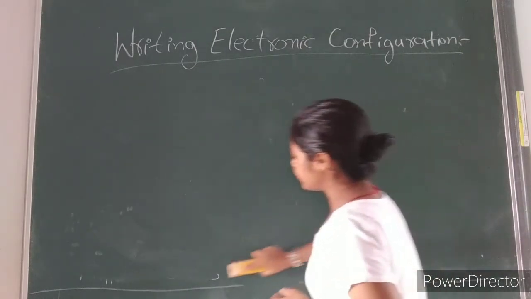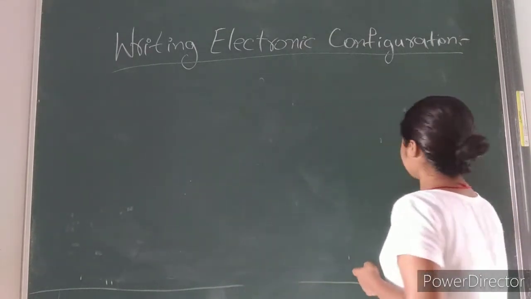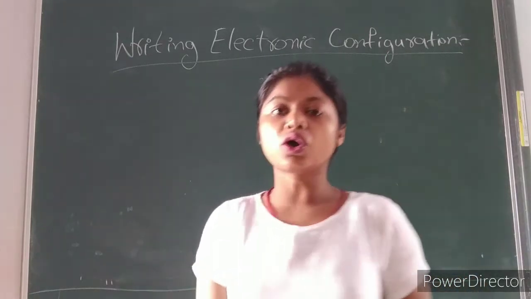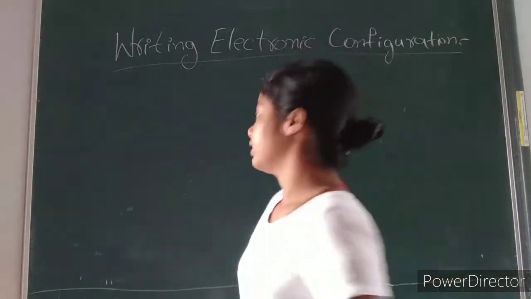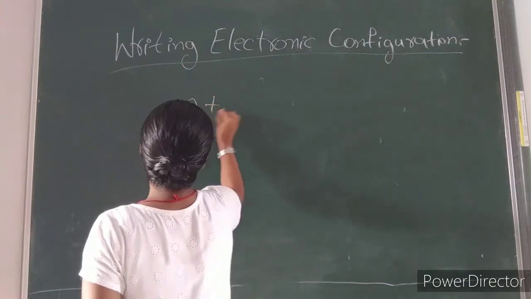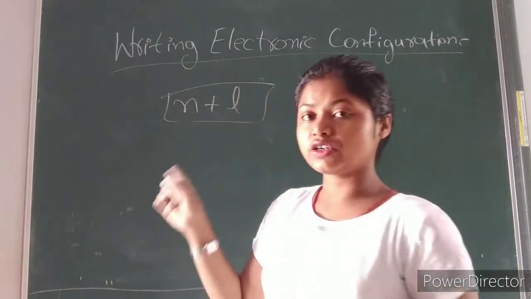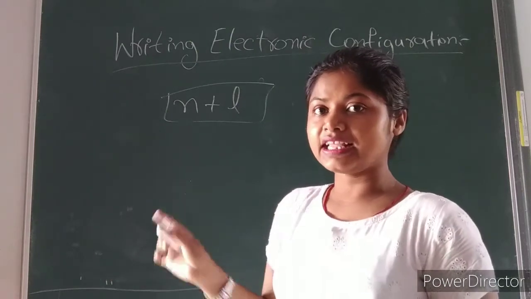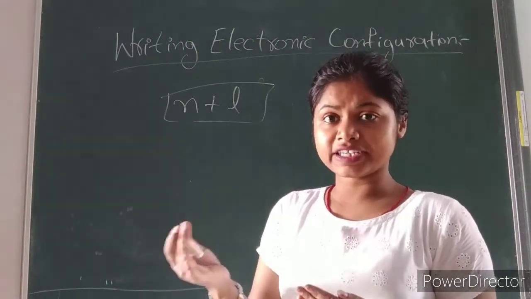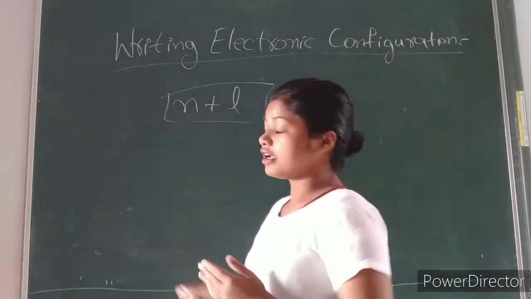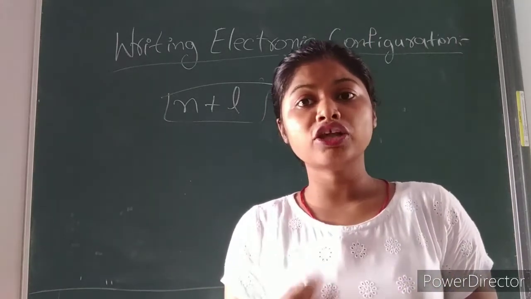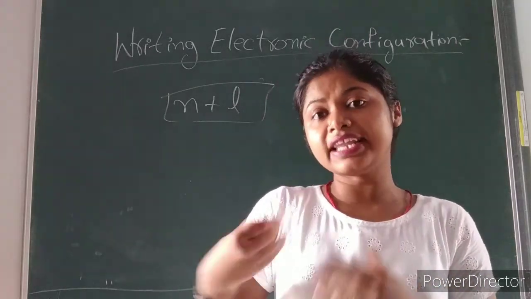We will know which suborbit will fill first by the rule called n plus l. If any suborbit has a lower value of n plus l, then that will be filled first. If any suborbit has a higher value of n plus l, then that will fill later.